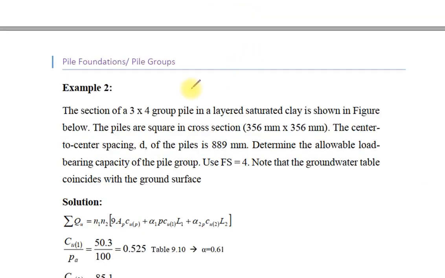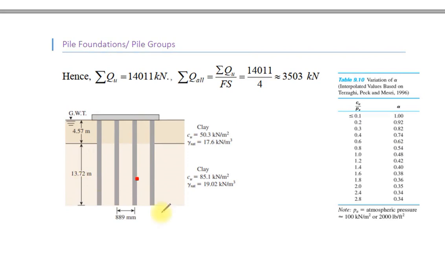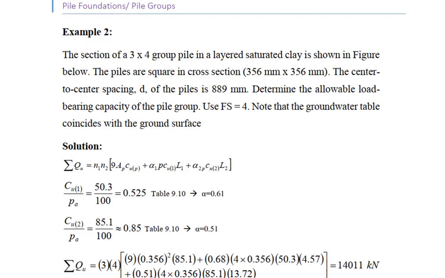Let us take another example. Example 2. The section of a 3x3 pile group in a layer of saturated clay is shown in the figure below. This figure shows the profile of the soil and the pile group in this soil. The piles are square in cross section, 356 mm by 356 mm.